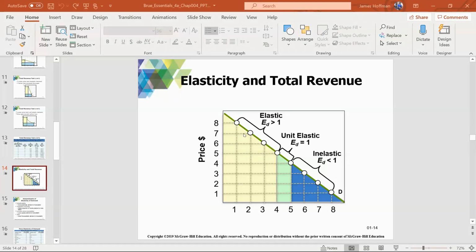The upper portion of the demand curve has an elastic region, and the lower portion of the demand curve has an inelastic region.